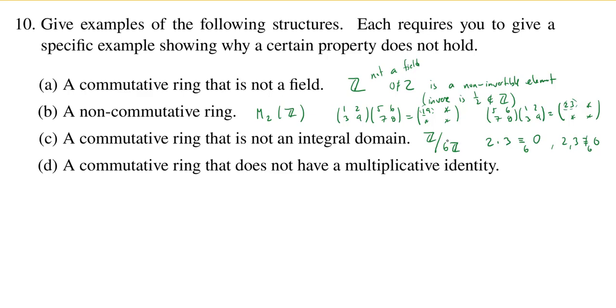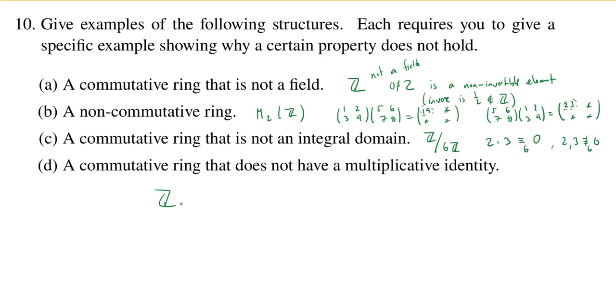And what it comes down to, right, is why don't we start with a commutative ring that we know, something easy like, say, the integers, and let's try to find a subring of the integers that omits the identity, right?